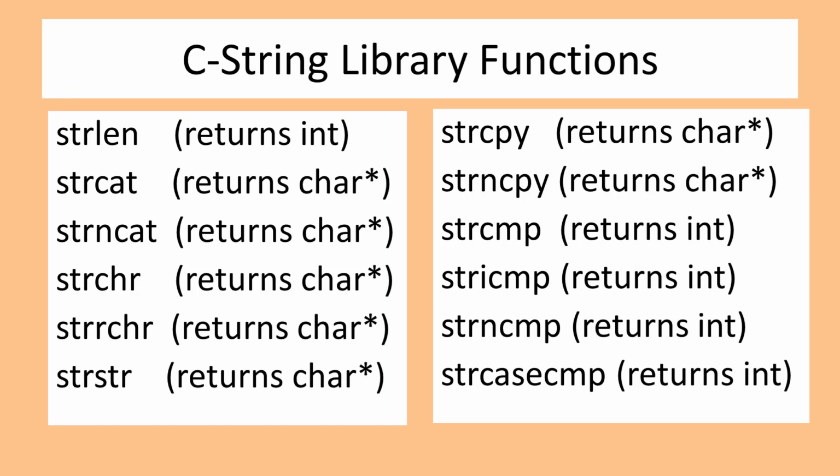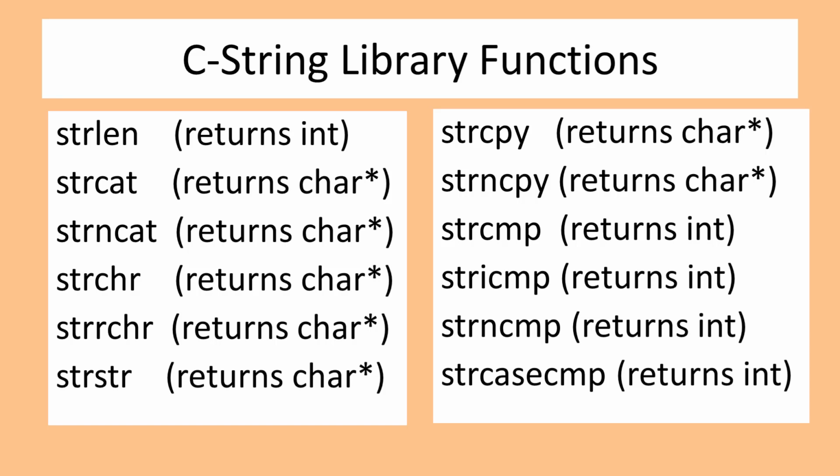strlen returns the length of the string. strcat, that's a concatenation that adds one string onto the end of another string. strncat, the n at the end there has an extra parameter in the call so that you can limit the number of characters that you're adding on. strchr, that does a search.